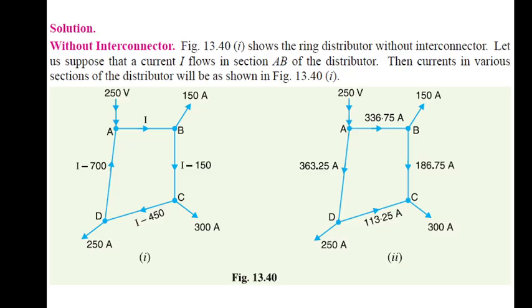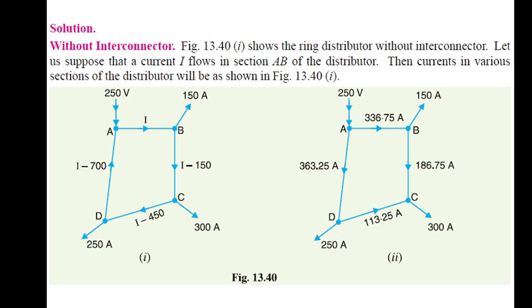Based on this assumption, the currents in the rest of the sections are expressed in terms of I. So here, this is KCL: I minus 150, I minus 150 plus 300, 450. Do you know about KCL, right? So here I minus 700 in different sections of the ring.